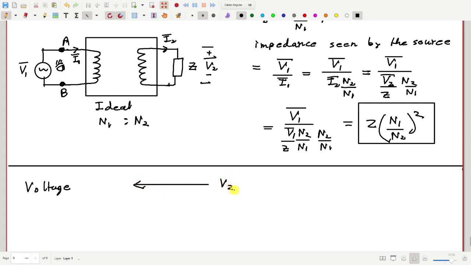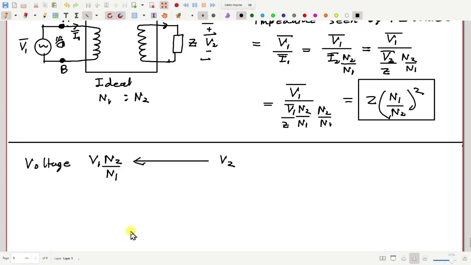If the right side voltage is V2, then the left side voltage is V1, N2 by N1. Correct? Current: if the right side current is I2, then the left side current is I2 N2 by N1.